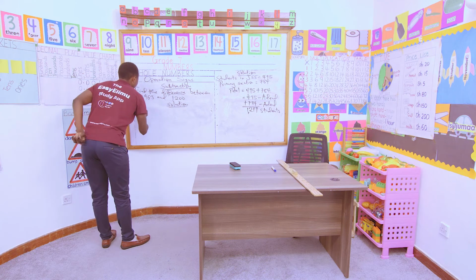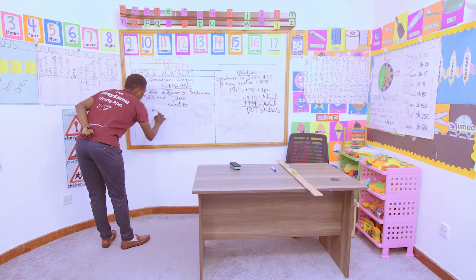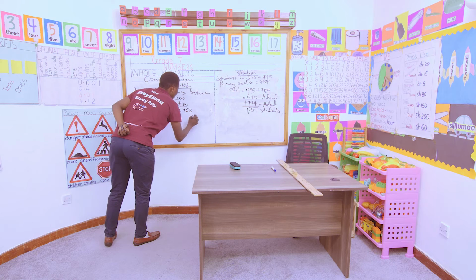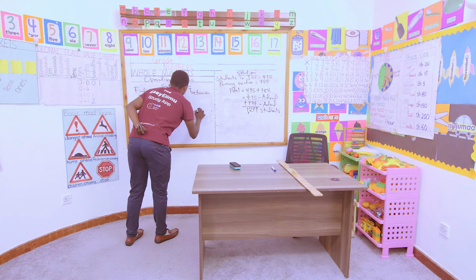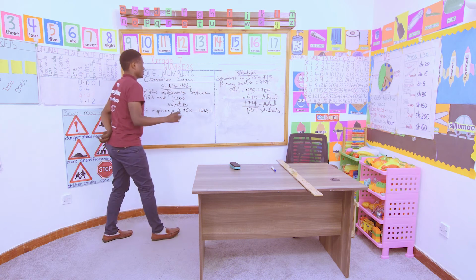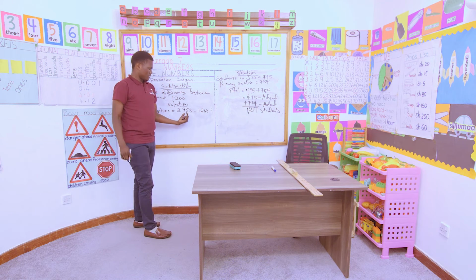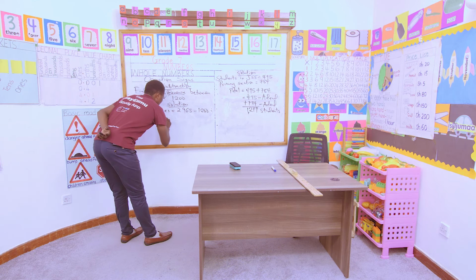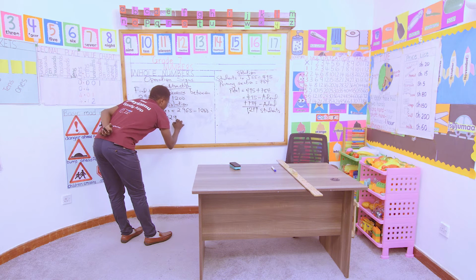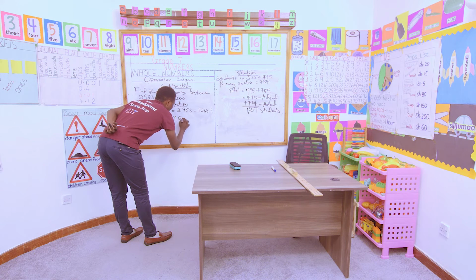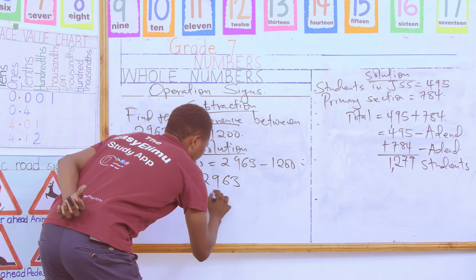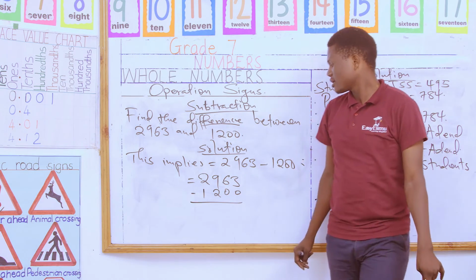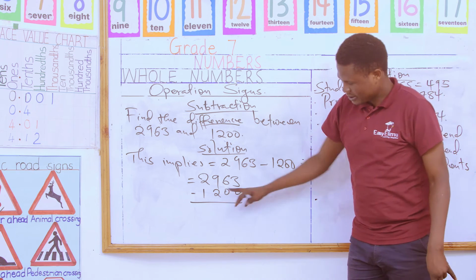So here, this implies 2,963 minus 1,200. Who can tell us how we call the number that we are subtracting from and the number that we are subtracting? Yes, John, try. 2,963 subtract 1,200. How do we call the number 2,963 and the number 1,200?